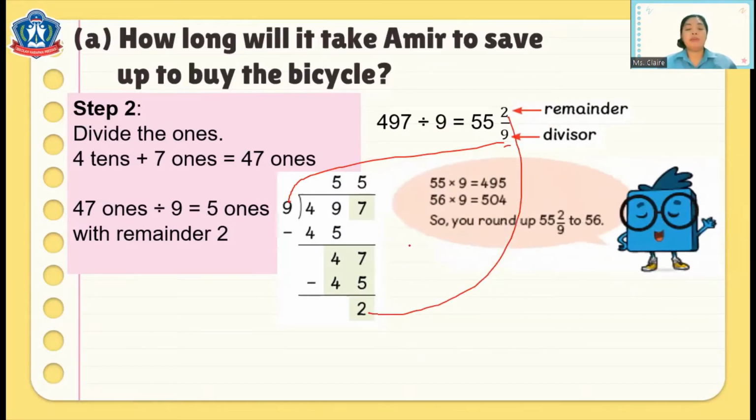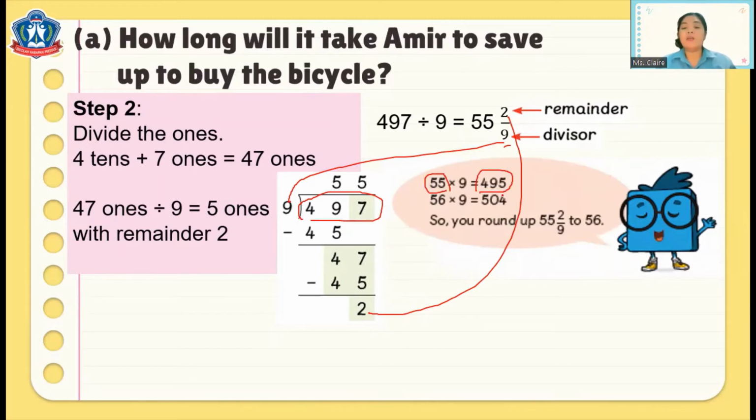So the answer is 55. But when we take a look at our problem, the question is how many days for him to save so he can buy the bicycle, which is $497. If he uses 55 days, he can save only $495, and this is not enough to buy the bicycle.